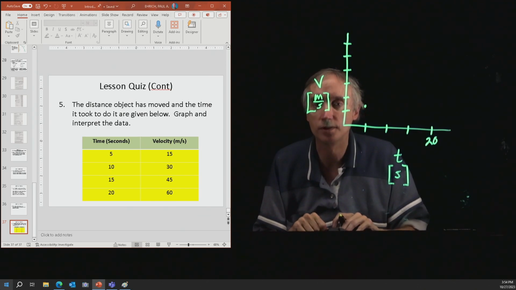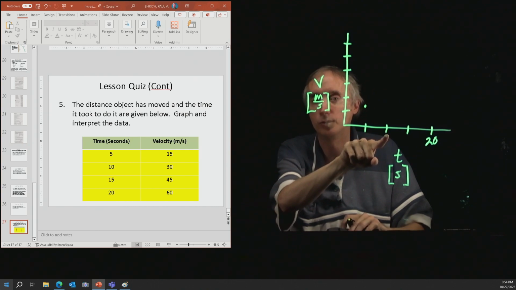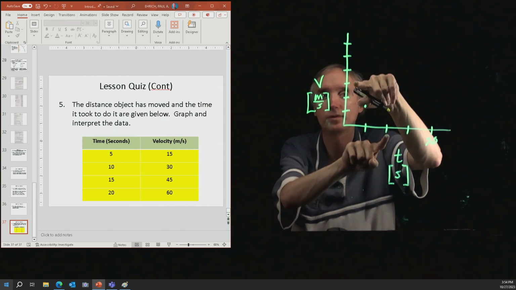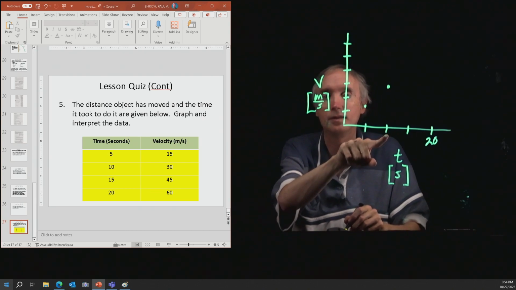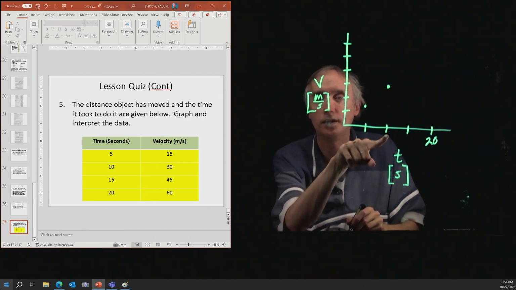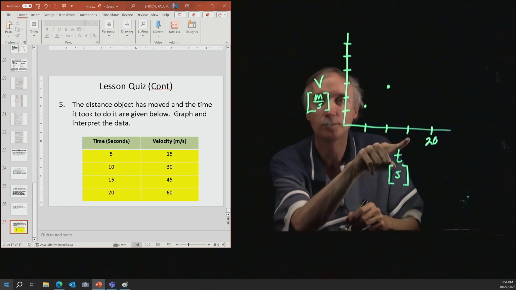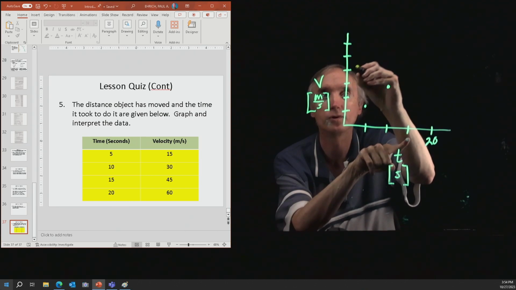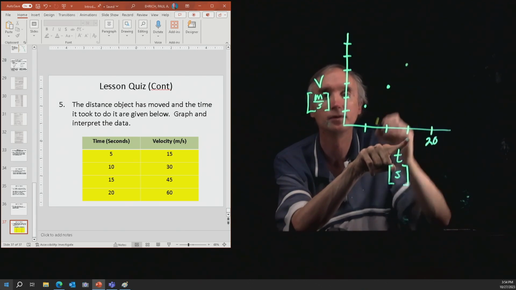Then the next one says time is going to be 10 seconds, and then we want to go up to 30, so we're going to have 10, 20, 30, and now we end up with something like that. The next one is at 15, and then we want to go up to 45, so 10, 20, 30, 45, puts it right about there.